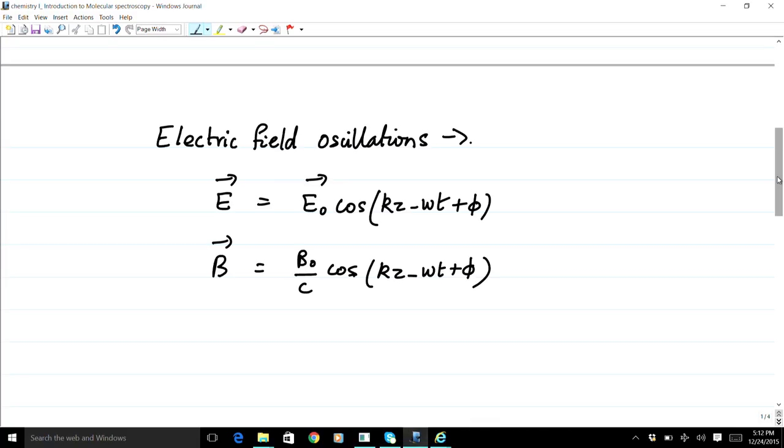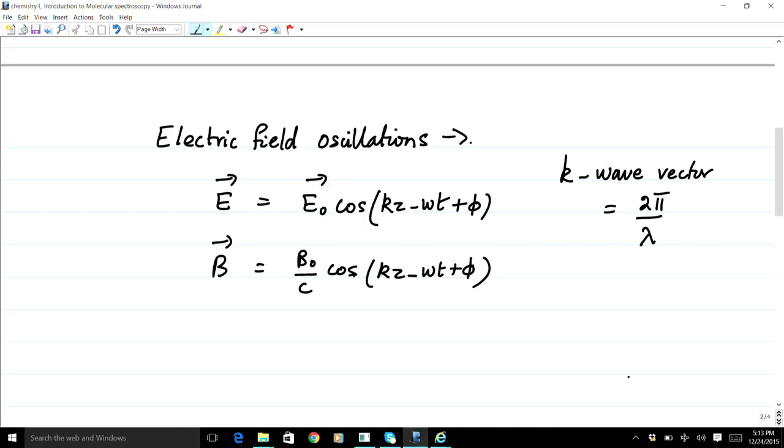The oscillation of the electric field in time and in space is typically given by a simple harmonic oscillation, namely the electric field, which is a vector, is given in terms of the magnitude or the amplitude of the wave E naught, and a cosine, where k is called the wave vector for the wave and is given by the wavelength of the wave.